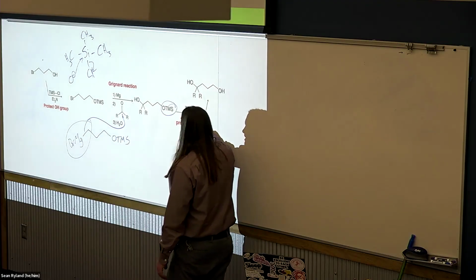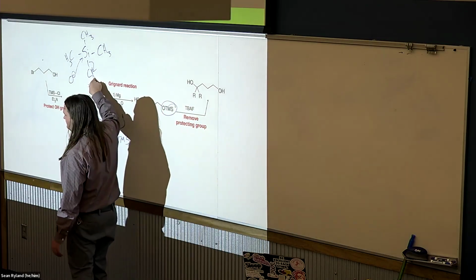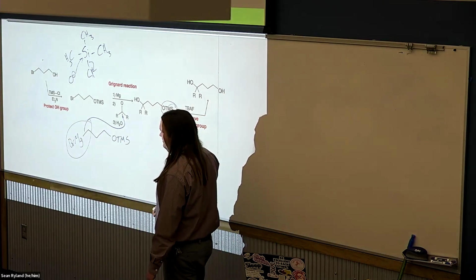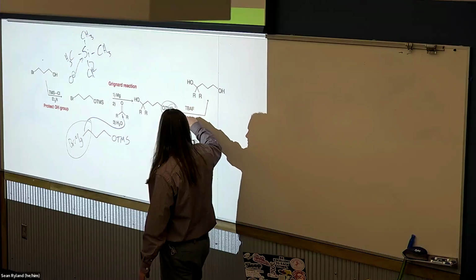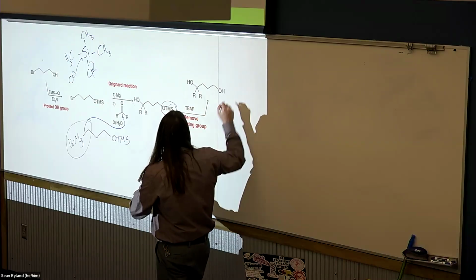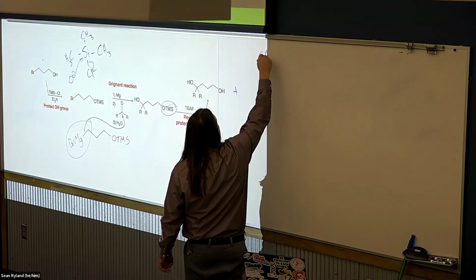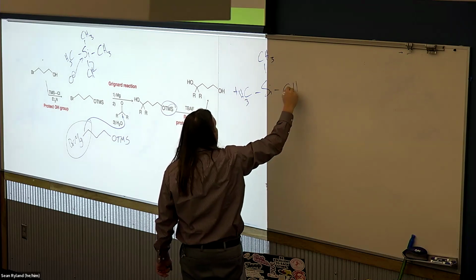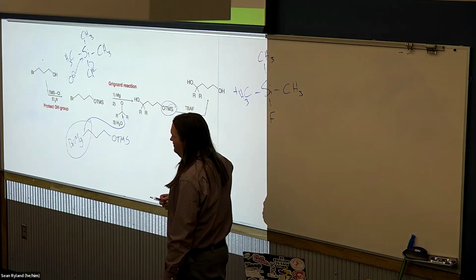And then, the same way that the oxygen displaced the chlorine, fluoride will displace the oxygen. So this is just a source of fluoride ions. That's just going to come in here, and then our other product would be still our trimethylsilane, just with a fluoride attached instead.